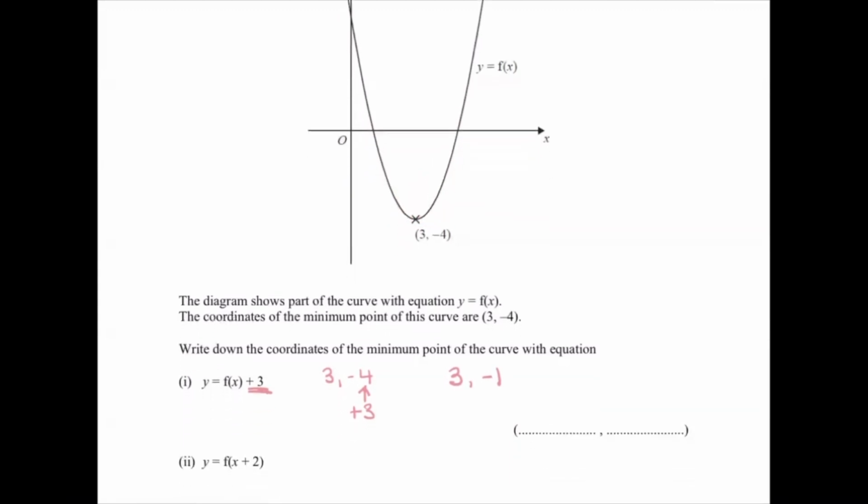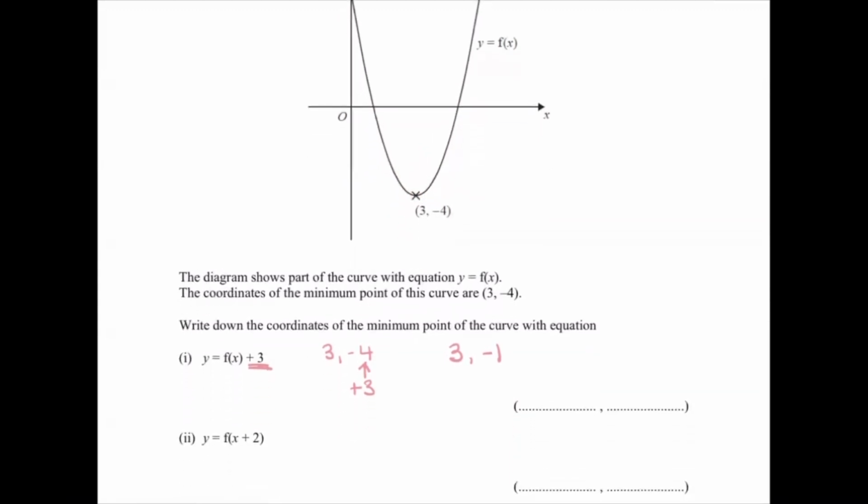The next one has the addition in with the x. When it's in with the x, then it's the x coordinate that's affected. So I've got the original 3 minus 4. This time it's going to be the x coordinate, but we don't add 2. We do the opposite when it's the x-axis.